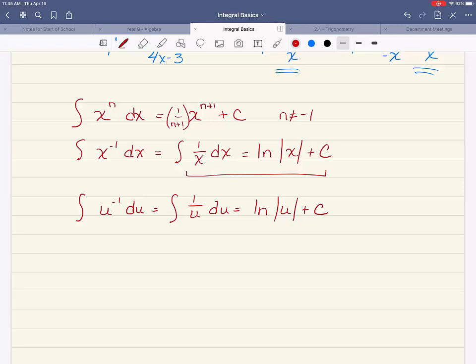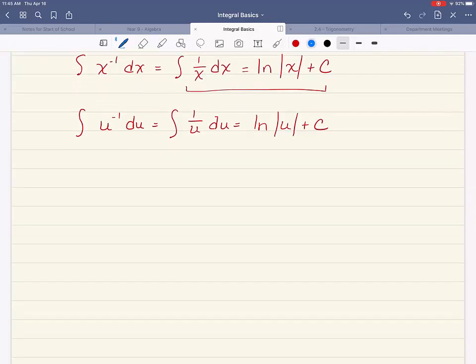Okay, let's do a couple of practice problems. First example, we have the integral of 7 over x dx. Now, if you look at this, up until now, every one that we've done, the u has been the quote-unquote inner function.